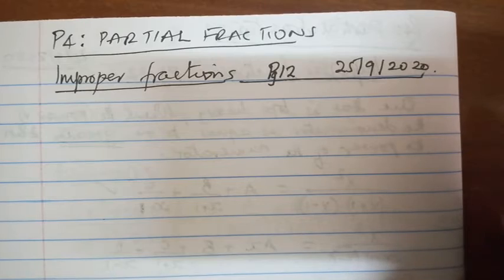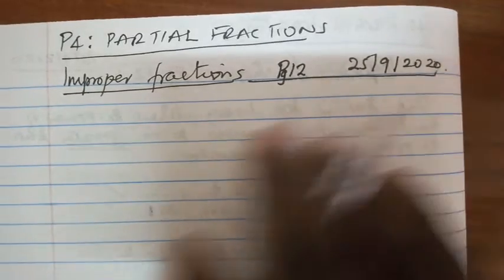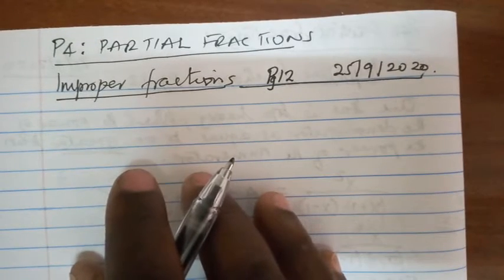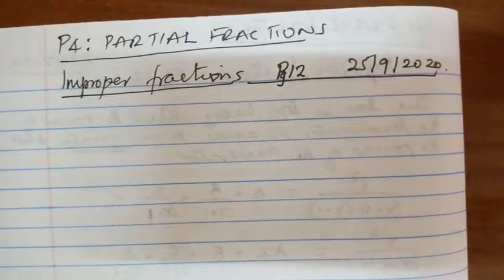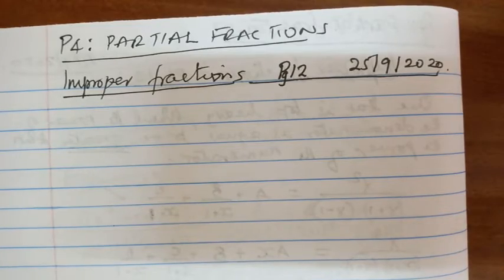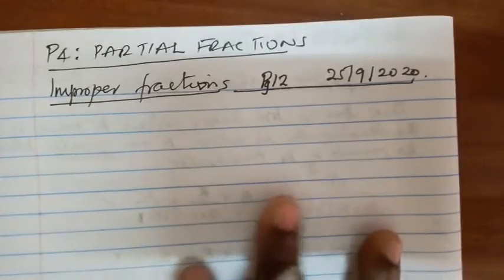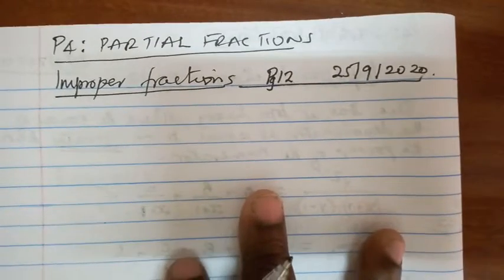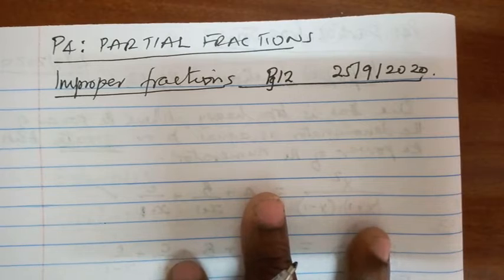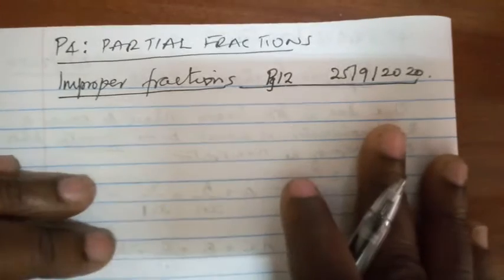In this video, I want us to understand something in partial fractions, that is Pure Mathematics 4, topic number 2, improper fraction as the subtopic on page 12.